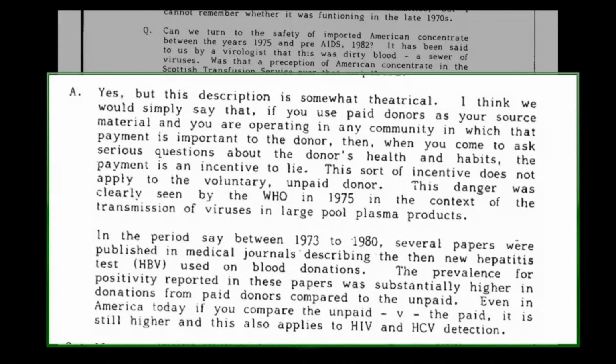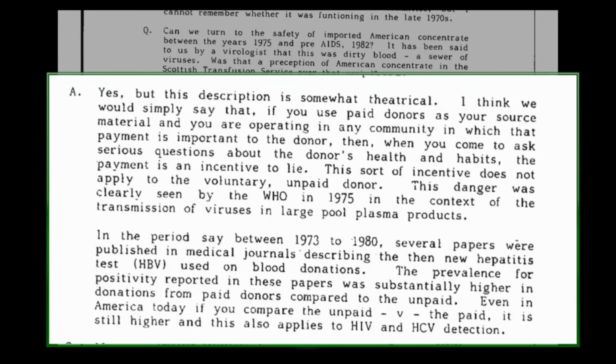So the answer is, I think we would simply say that if you use paid donors as your source material and you are operating in any community in which that payment is important to the donor, then when you come to ask serious questions about the donor's health and habits, the payment is an incentive to lie. This sort of incentive does not apply to the voluntary unpaid donor.